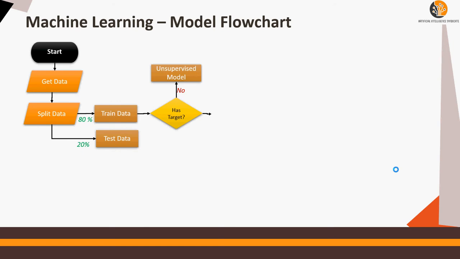Now, the target can be of two types. The first one is continuous. That means it can have any number, numeric. So, for example, price is a continuous variable. The price can be 150,000 or 100,000 or 1,500 to 250,000 to 300,000 and whatever. So it can be any number. The range is not defined.